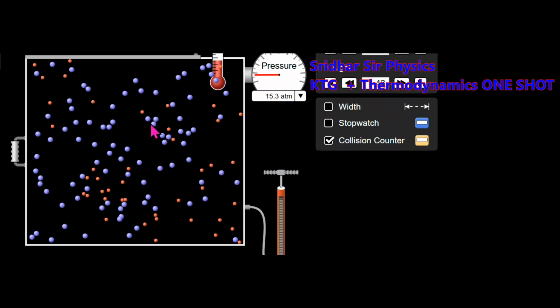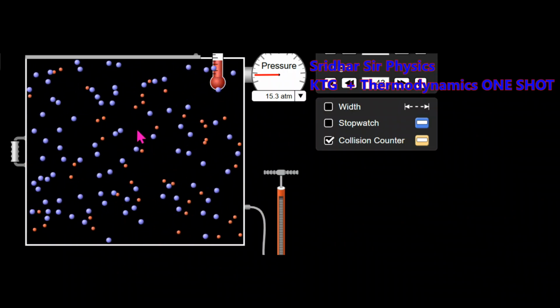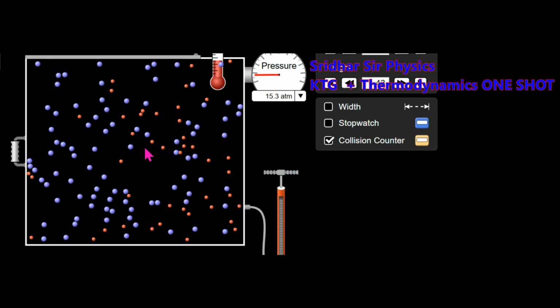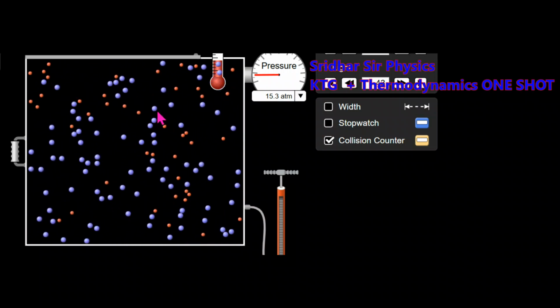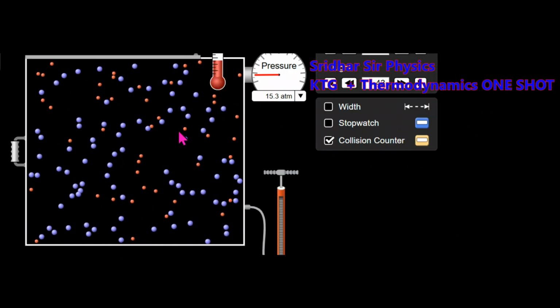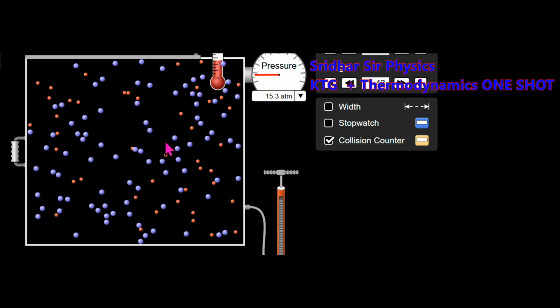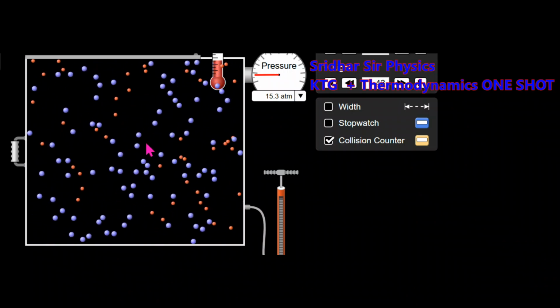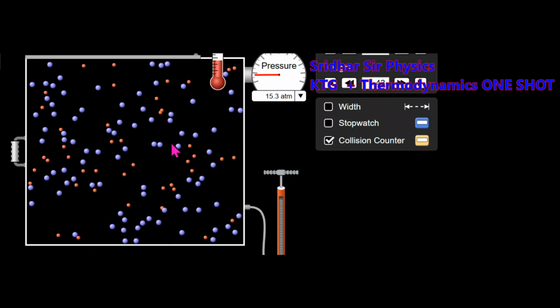Now you can see that both will be moving randomly, both will be colliding with each other, both will collide with the walls of the container, and both will be present throughout the volume of the vessel. This is what happens with a mixture of gases. Getting some idea? Both will be colliding, both will be moving randomly. This will become a mixture of gases.